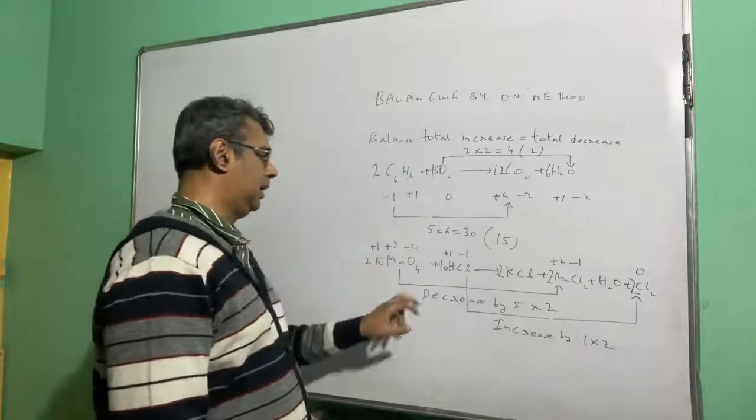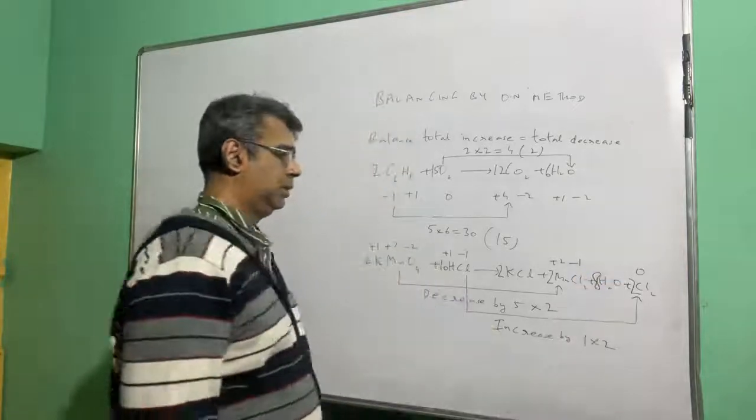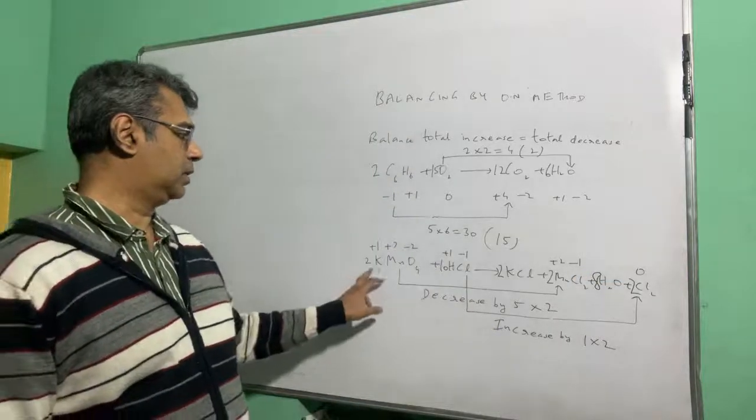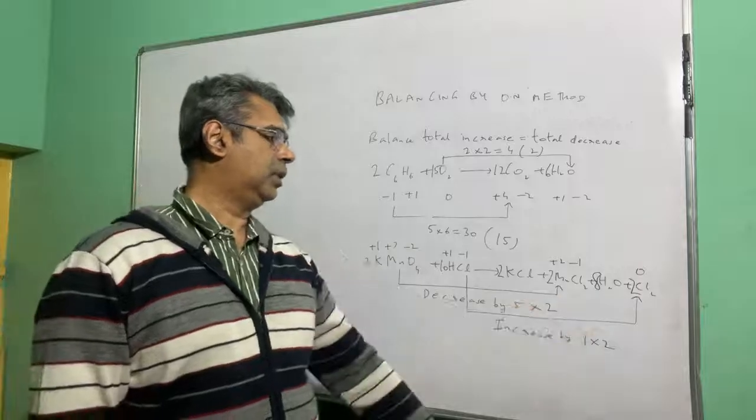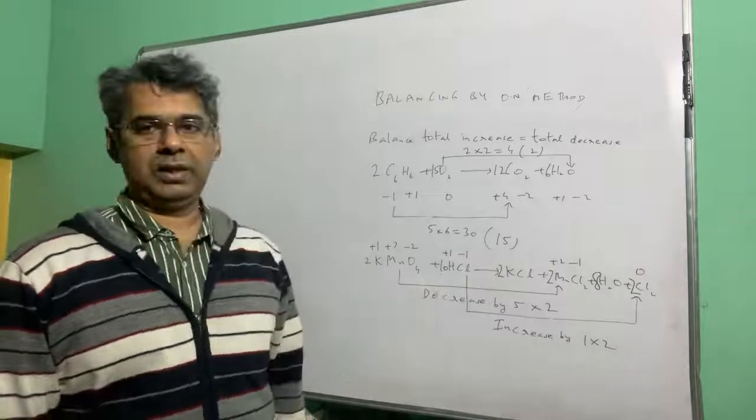So oxygen there are 8. So suppose if I put a 8 here, because oxygen here it is 8. So if I put a 8 here, then I am getting 16 hydrogen, and here there are only 10.